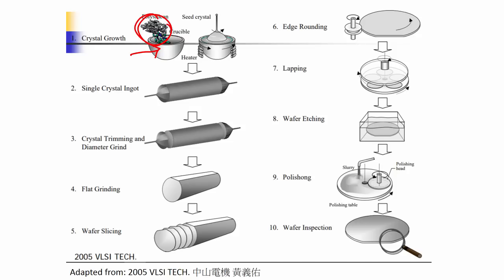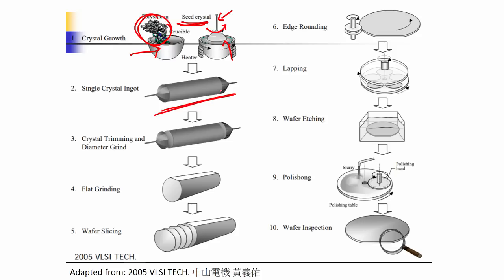Then you use a single crystal or seed crystal, and you pull this up in a uniform fashion. You see it is uniformly rotated. When you rotate it slowly, because the temperature of the seed crystal is lower than the temperature of the molten silicon, there will be formation of the single crystal. Finally, you will be able to get the ingot as you see in slide number 2.